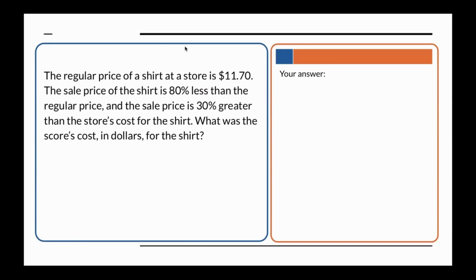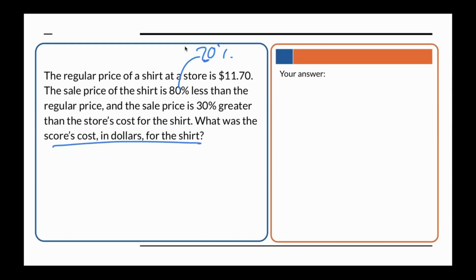Okay, so the regular price of a shirt at a store is $11.70. And the sale price of the shirt is 80% less, which also means that it's 20% of the regular price. And then the sale price is 30% greater than the store's cost for the shirt. So it wants to know, what did the store pay for the shirt?